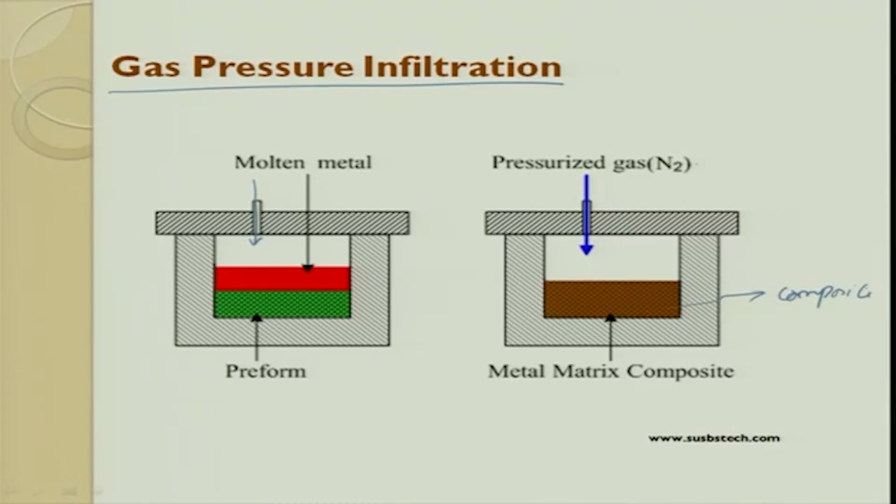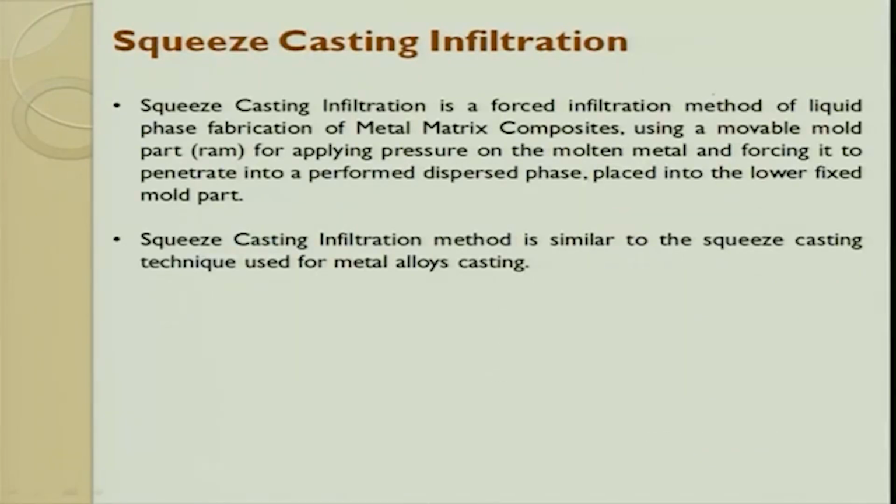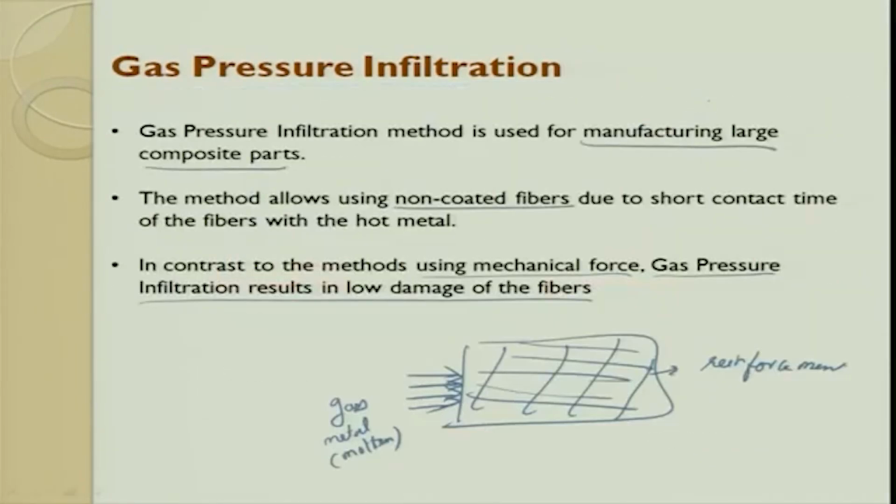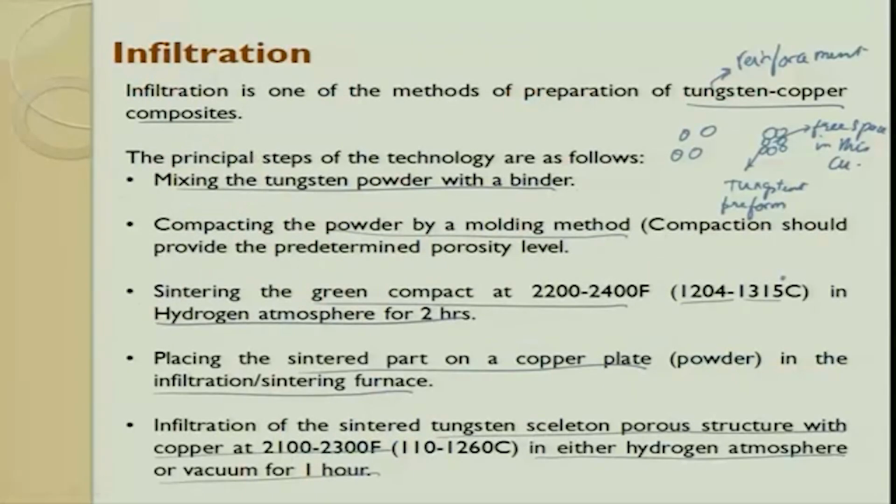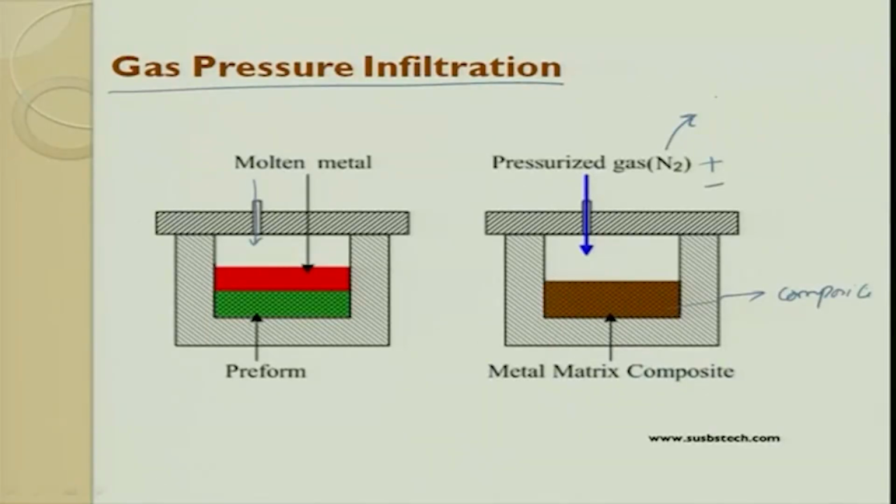You can use positive pressure or negative pressure, and the gas plays a very important role. You can choose a gas to have reactions, or you can use an inert gas if you don't want any reactions to happen.